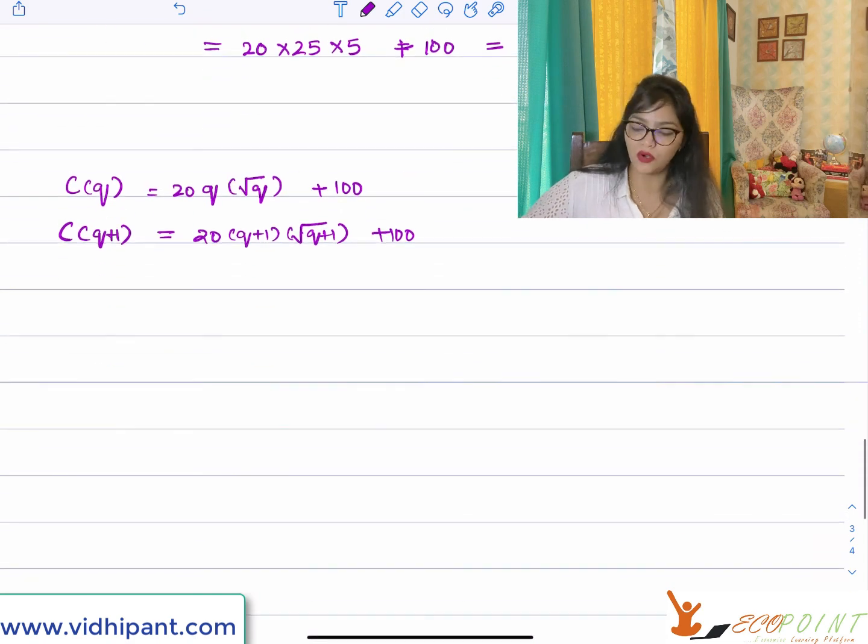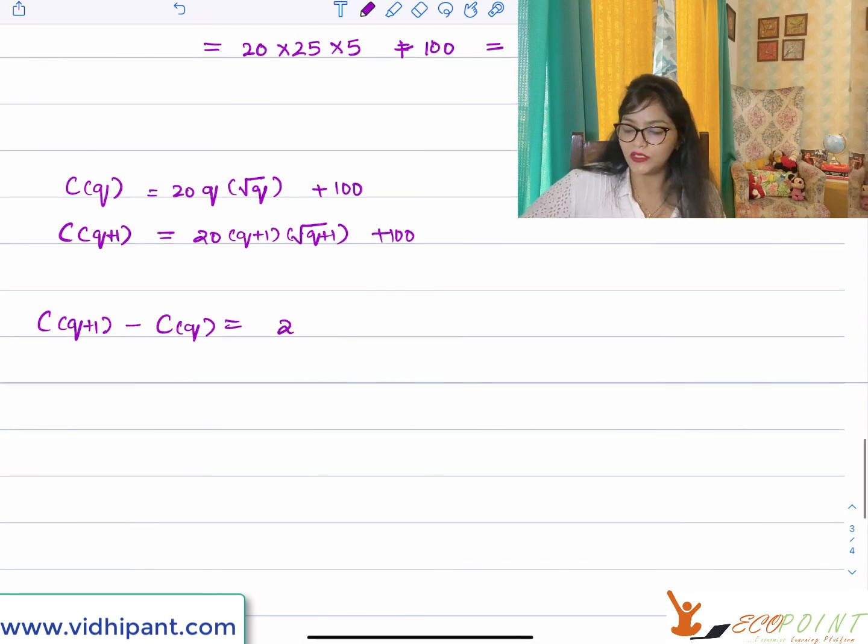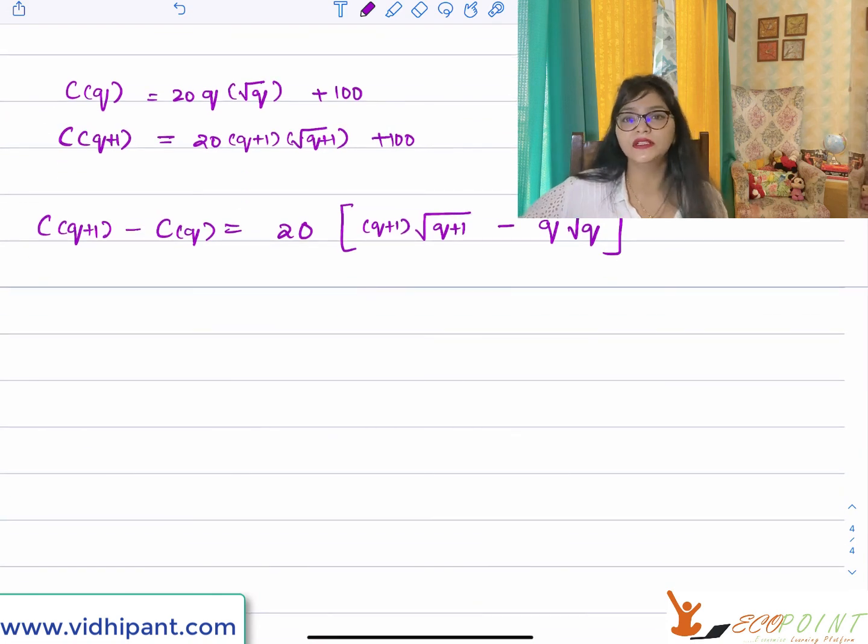The incremental cost clearly will be C of q plus 1, the cost of q plus 1 minus the cost of q. So that's going to be, 100 would cancel out, and it's going to be 20 times (q plus 1 times square root of q plus 1 minus q times square root of q). This is what will be your incremental cost. Incremental cost essentially is the marginal cost.